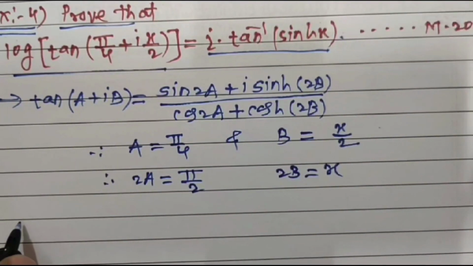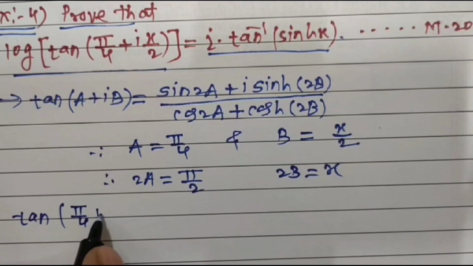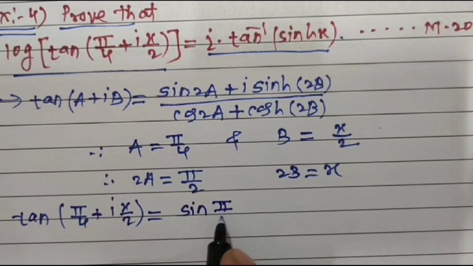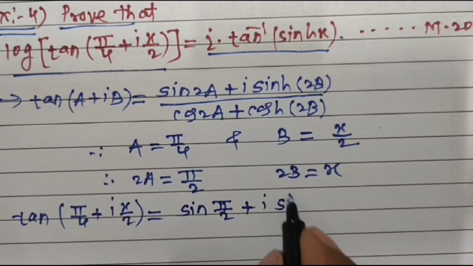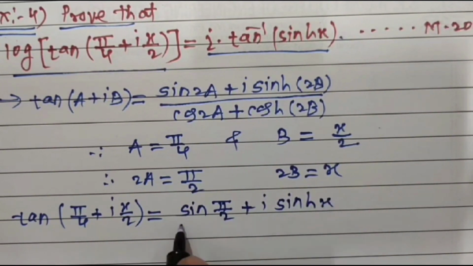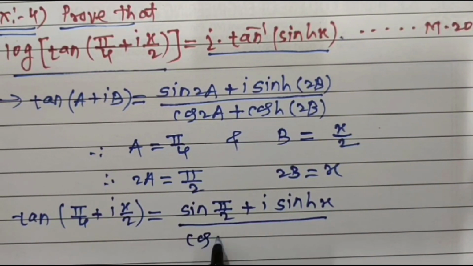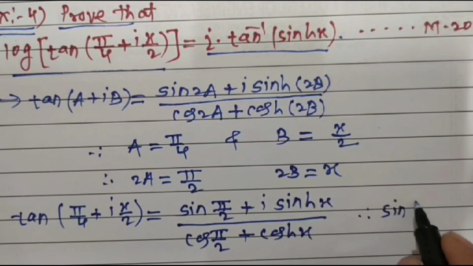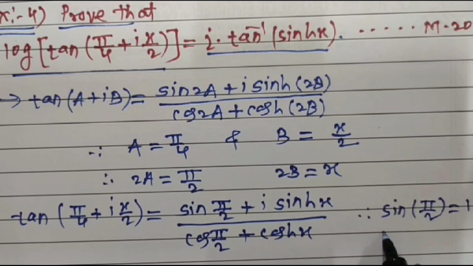Then this gives tan of (pi by 4 plus I into x upon 2) is equal to (sin of pi by 2 plus I into hyperbolic sin of x) divided by (cos pi by 2 plus hyperbolic cos x). But we know sin pi by 2 is equal to 1 and cos pi by 2 is equal to 0.